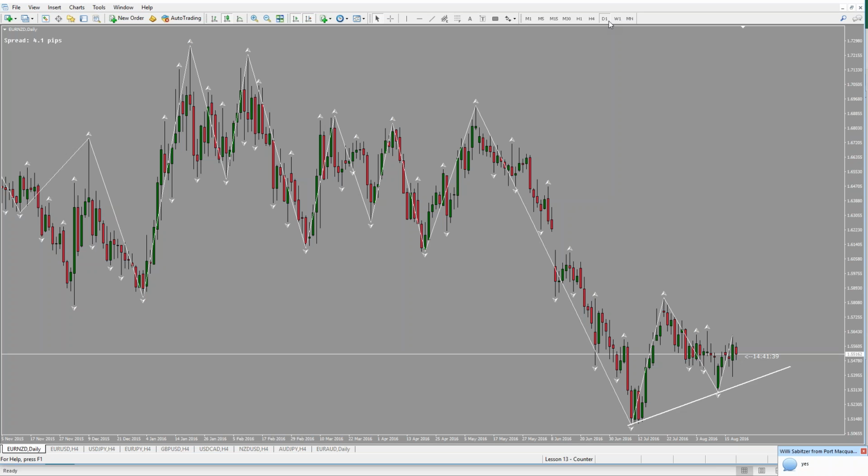I'm trying to simplify the drawing of the line process for you just to make it a little bit easier, and we are implementing a price action entry for our trade. You will be surprised at the results that you are going to get with this method, really surprised.